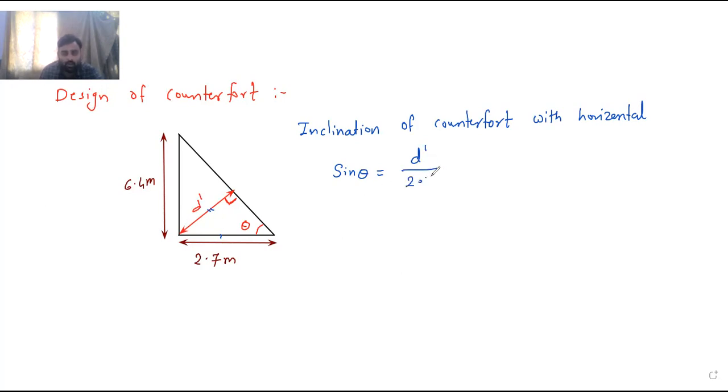Hypotenuse is 2.7. So this is the inclination of this counterfort with horizontal.